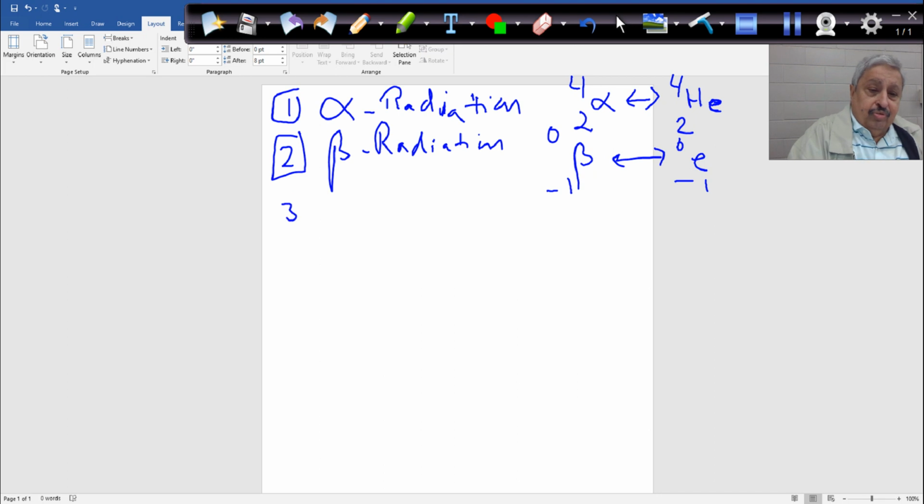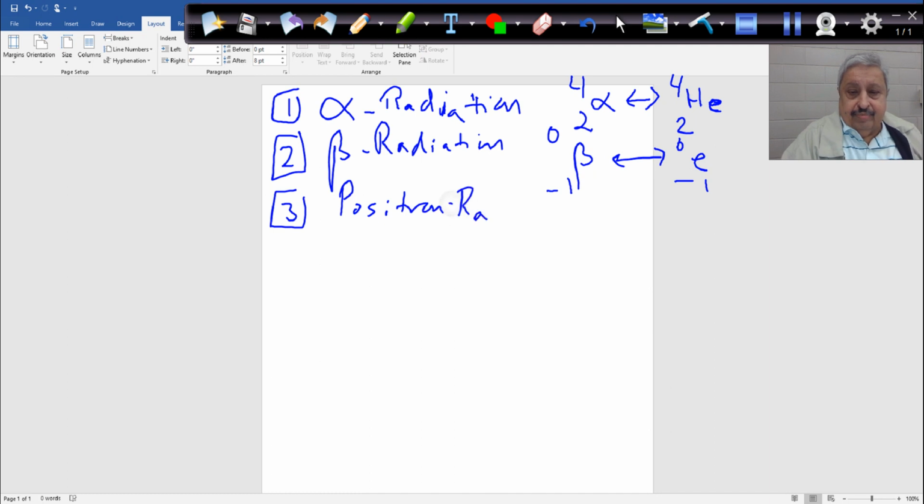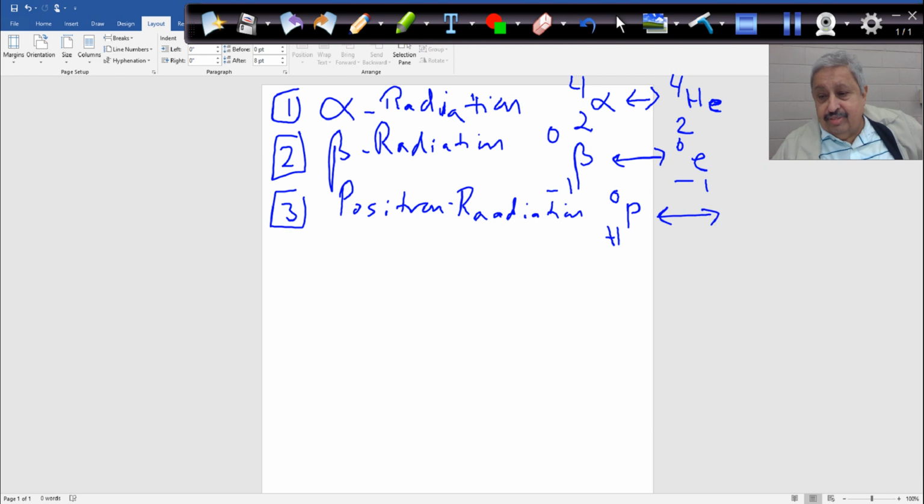You have positron radiation. Positron is P, and it has 0 mass but +1 charge. Sometimes people will write it +1. Whatever you like, the main thing is the charge has to be positive.